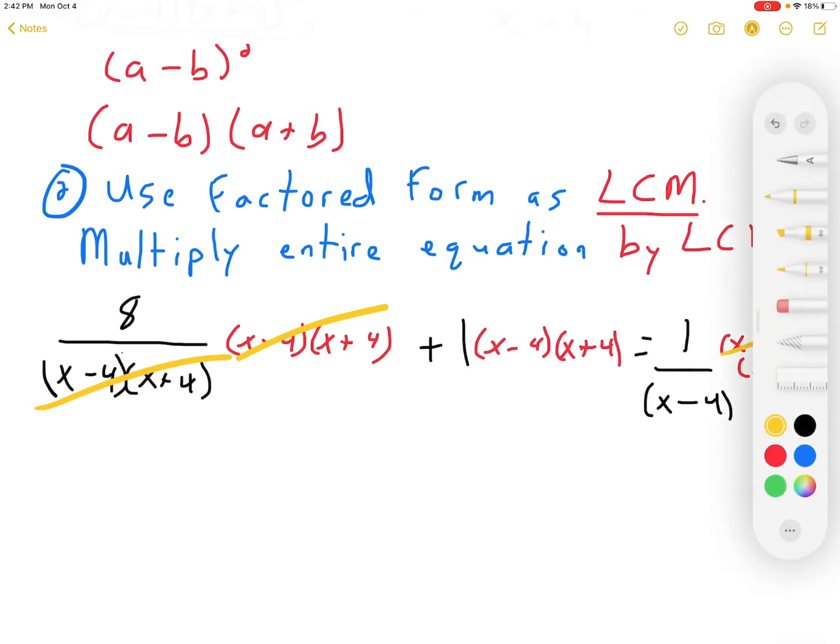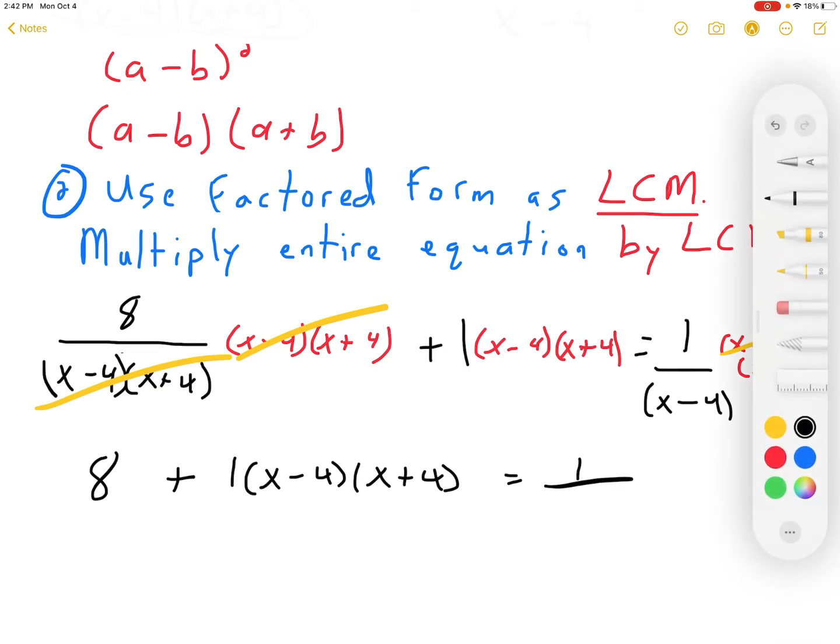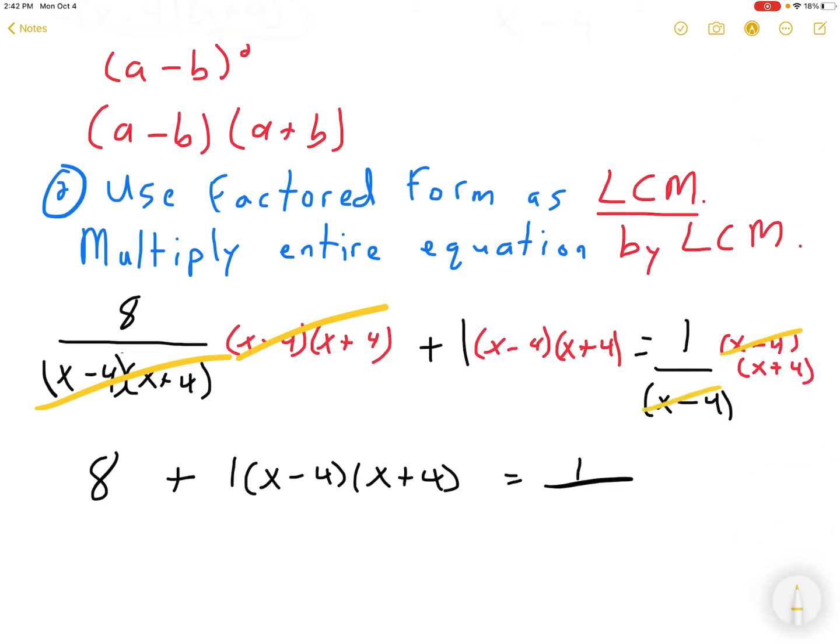And that would leave us with the following so far. So we'd go 8 plus 1 times x minus 4 times x plus 4, which is equal to 1. And then that would have canceled out. I don't know why I didn't cancel it out over here.